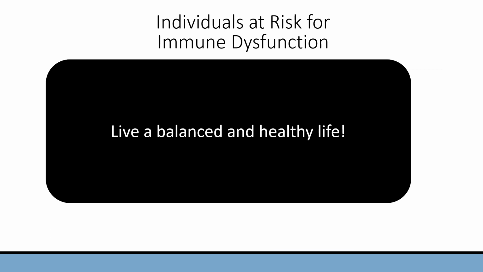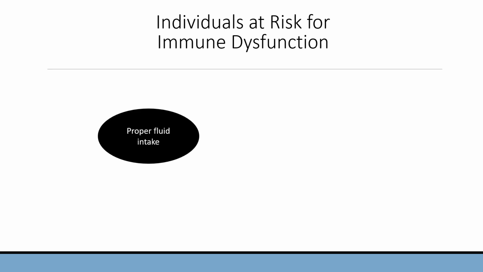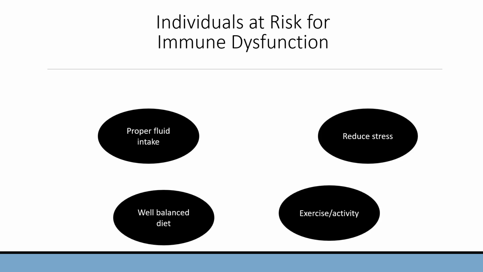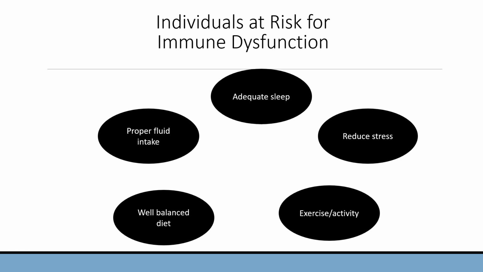The take-home for this is you should be living a balanced and healthy life, meaning you're getting exercise, eating the right foods in a balanced way. This includes proper fluid intake, a well-balanced diet, exercise, not too much stress, as much as we can try to reduce that, and adequate amounts of sleep.